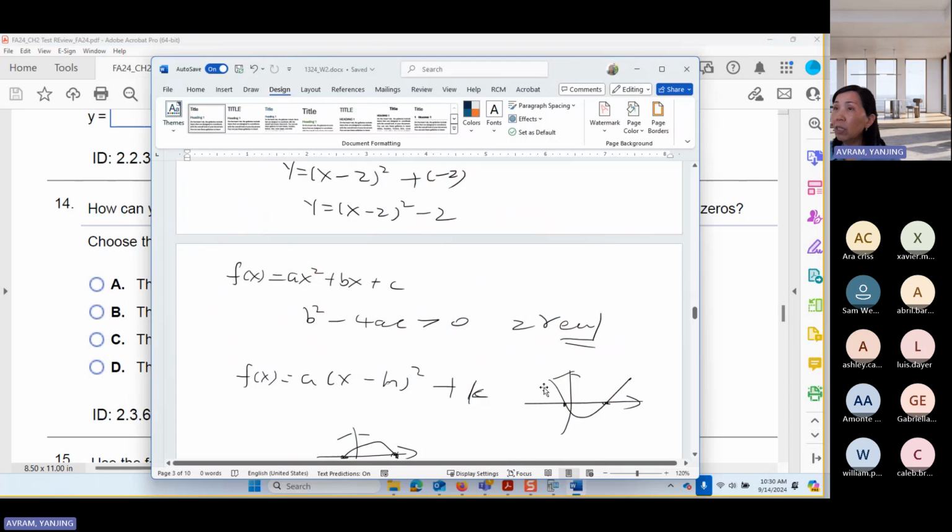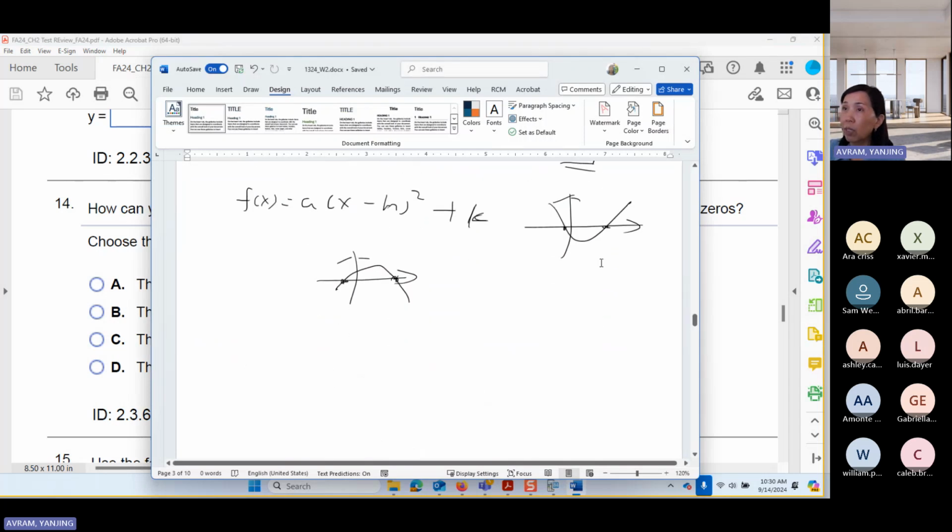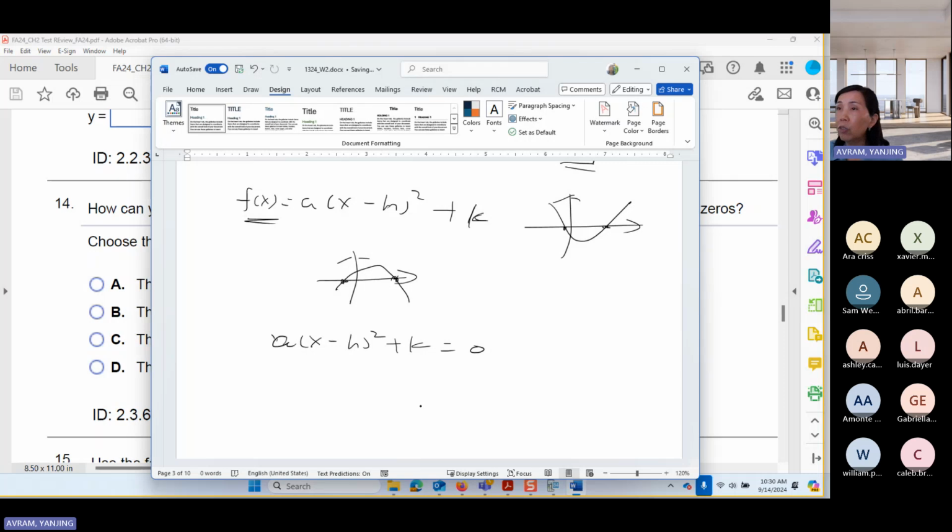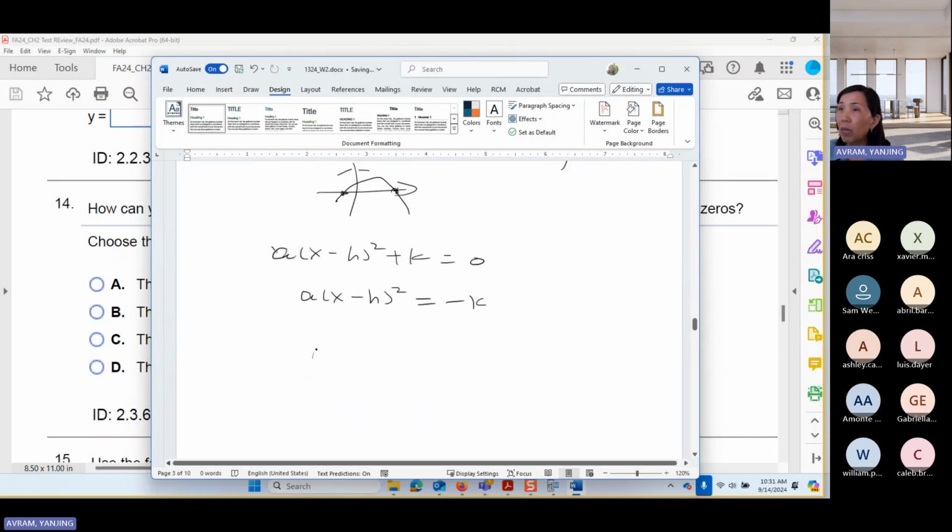So if I want this one to have two solutions, on the x-intercept this whole thing will be 0, my y will be 0. If I solve for this, this will be equal to negative k, and then that means (x minus h) squared will be negative k over a. You want to make sure this whole thing is greater than 0.